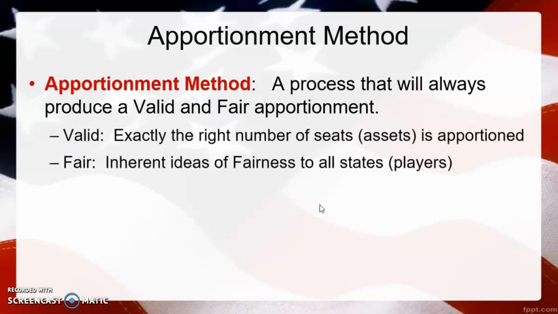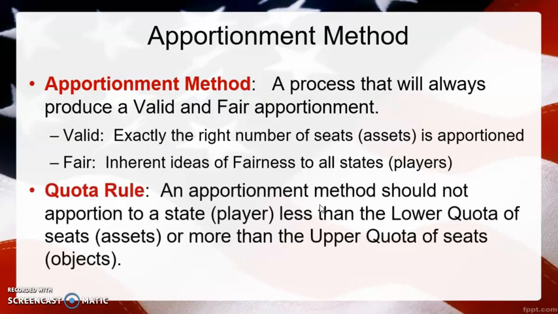Valid meaning that exactly the right number of seats is apportioned, and fair, meaning inherent ideas of fairness to all states. The quota rule says an apportionment method should not apportion a state less than their lower quota or more than their upper quota. So each state should receive either their lower quota or their upper quota.